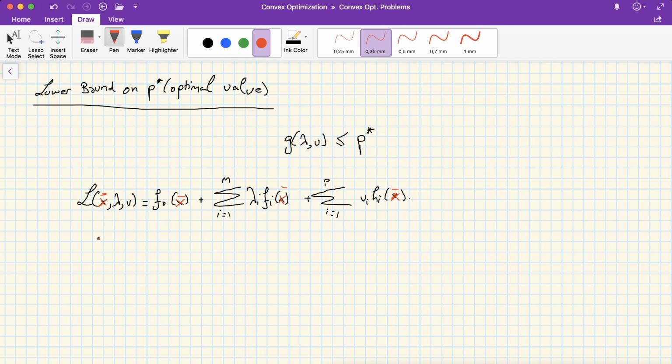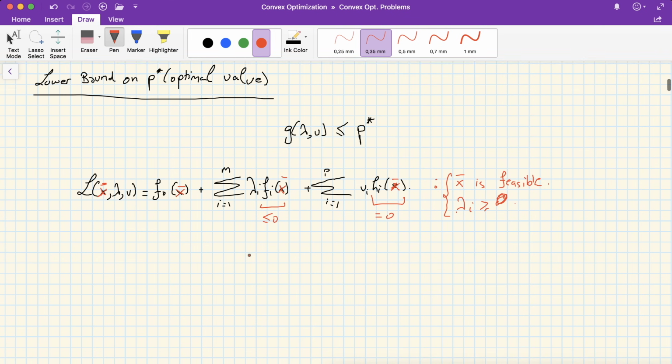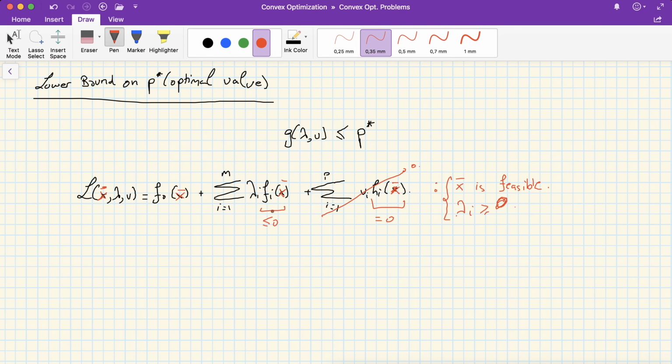Usually we restrict all our lambda_i to be nonnegative. Since x bar is feasible, f_i of x bar should be nonpositive and h_i of x bar should be 0, because they satisfy the constraints of the problem. So this term is 0, and this one is nonpositive, since all lambda_i are nonnegative and all f_i of x bar are nonpositive. Nonnegative times nonpositive is nonpositive, and a sum of nonpositives is nonpositive. That said, we've got f0 of x bar plus a nonpositive term.